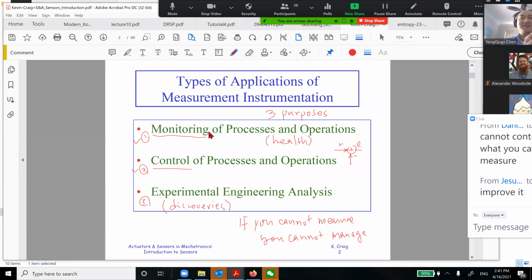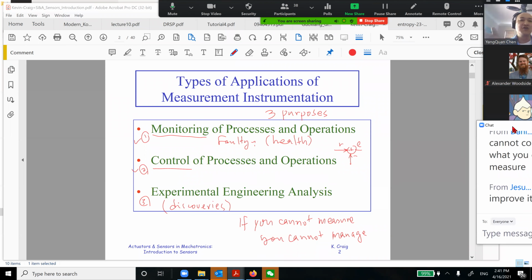All these are just measurements, to tell whether the system is in good shape, in good operation, is healthy or not. Is there something wrong? Is it faulty or not? So measurement is for monitoring and for understanding the health.